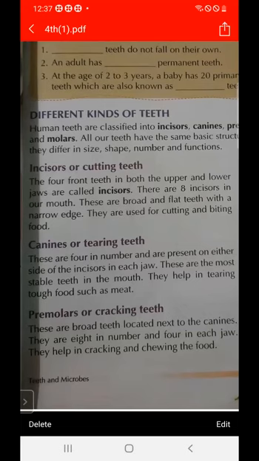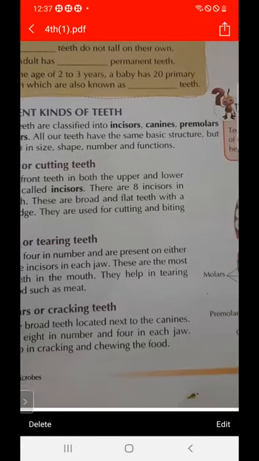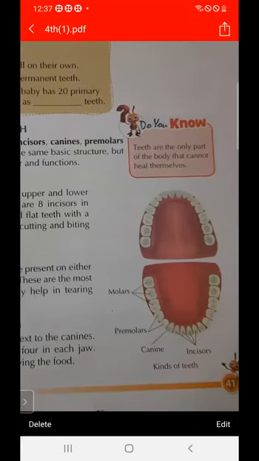Next is premolar. What is another name of premolar? Cracking teeth. And what are the numbers? They are eight in number, four in each jaw. This is a figure. After canine, two premolars on either side of the canine are present.